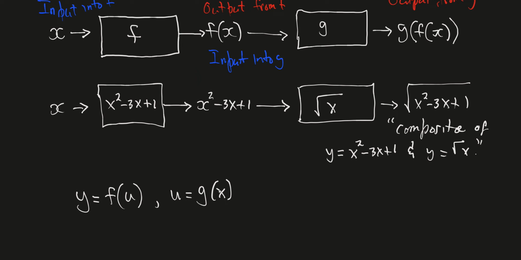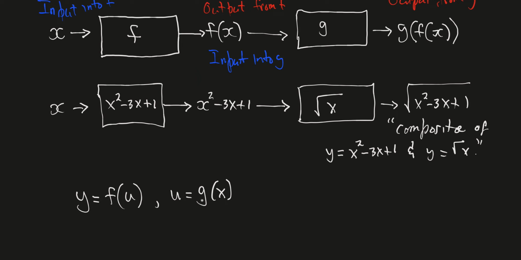Look at it this way: if I change my x value, I will likely change my u value. And if I change my u value, I will likely change my y value. I say likely because what if these are constant functions? Then they're not going to change. But in general, if I change x, it will change u. And if I change u, it will change y.